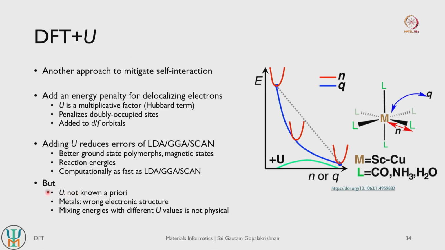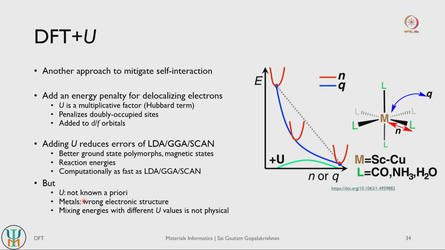So the value of U is not known a priori, which means we have to find a way to get that U value. With metals, DFT plus U is extremely bad news, because in metals you have delocalized electronic states, that is the ground state configuration, but adding a U term will always force the delocalized electrons to localize, right, which implies in metals you are guaranteed to get a wrong electronic structure if you use DFT plus U, right.